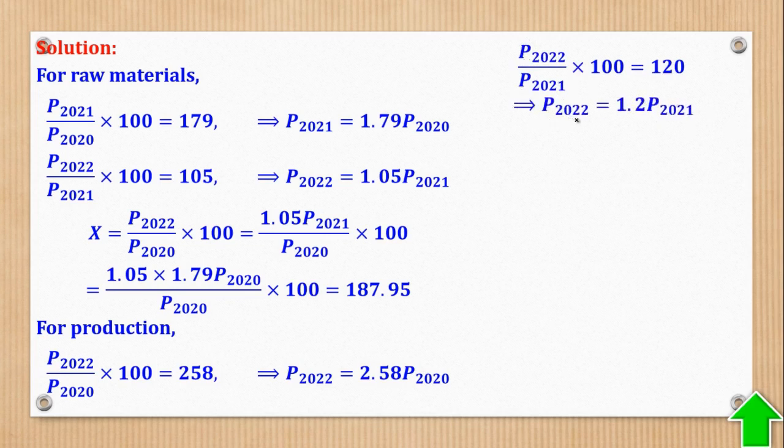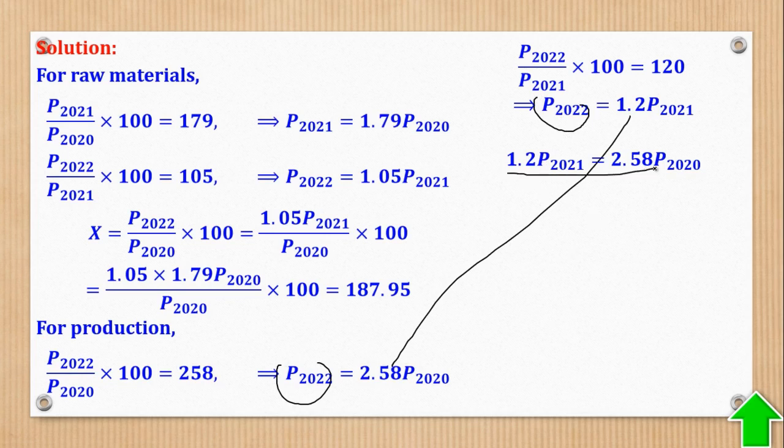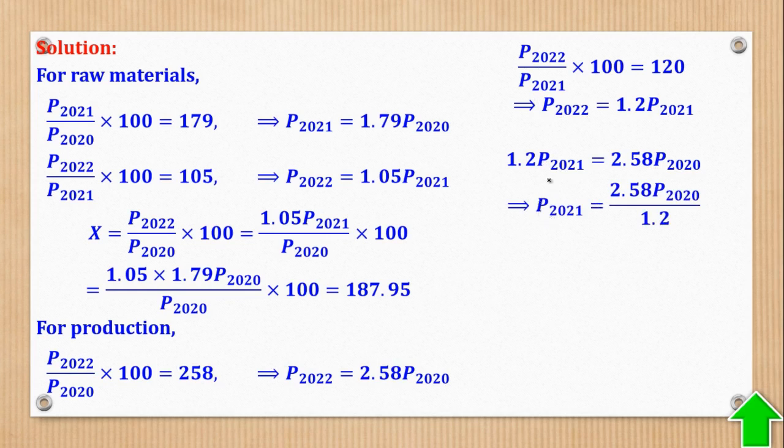Therefore, P of 2022 gives you this. So realize that this is P 2022 and this is P 2022. I'll equate these two to give me this. Therefore, P of 2021 is got by taking this side to give you this.